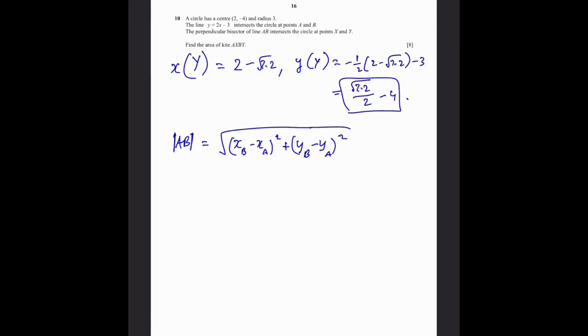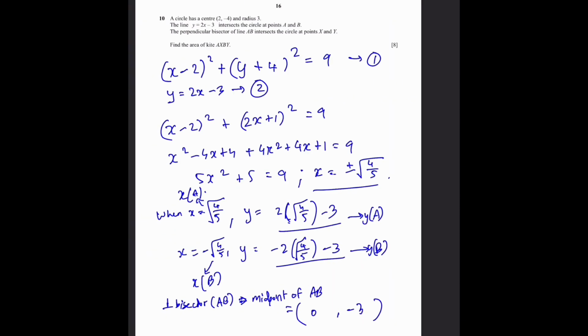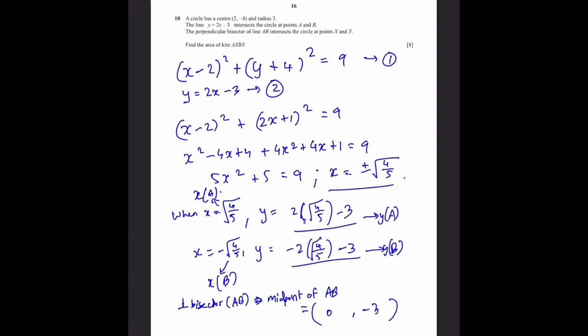So subtracting the two, we get minus 2 root 4 by 5, the whole squared, plus y of B minus y of A the whole squared. So y of B is this, y of A is this. Subtracting the two, we get minus 4 root 4 by 5.